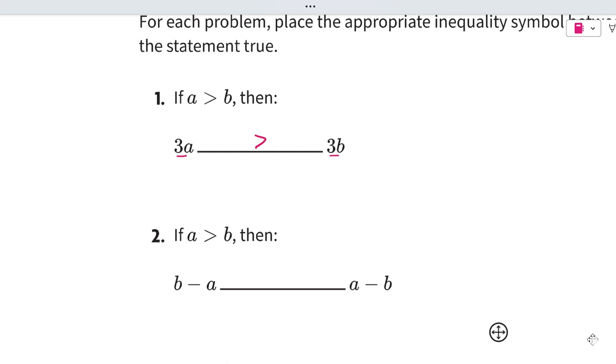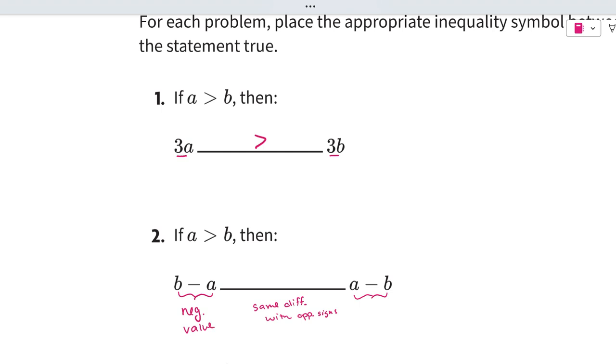Okay, so here, A is greater than B, and we see B minus A, and we say A minus B. So those are actually going to have the same difference with opposite signs. Right, so B minus A, since B is a smaller value than A, when we subtract B minus A, we're going to get a negative value here.